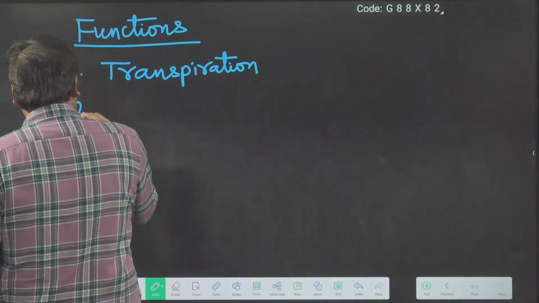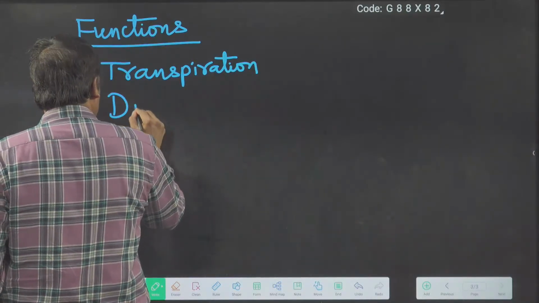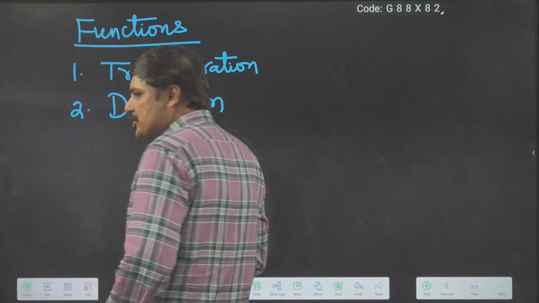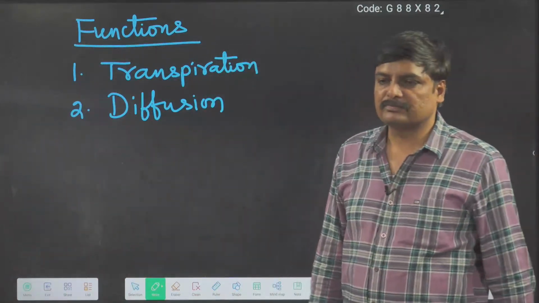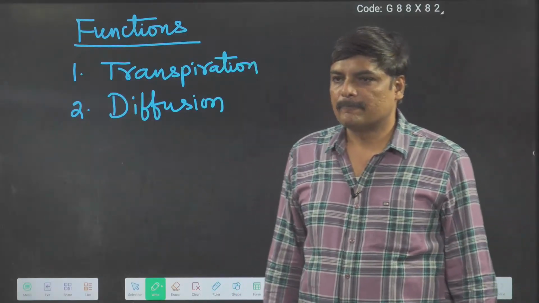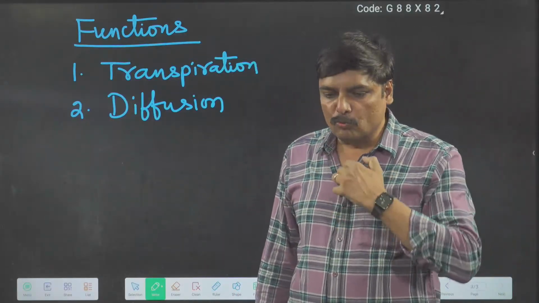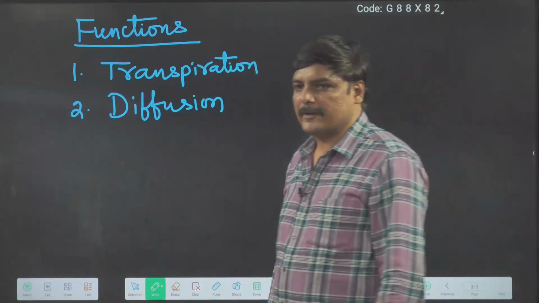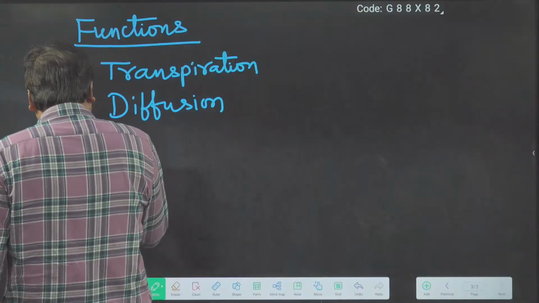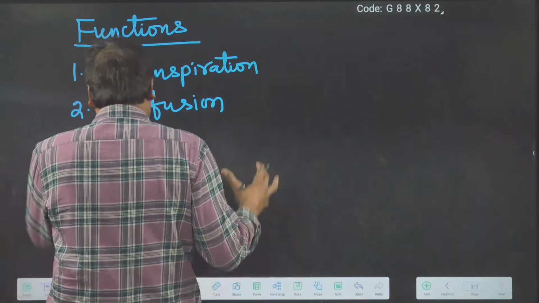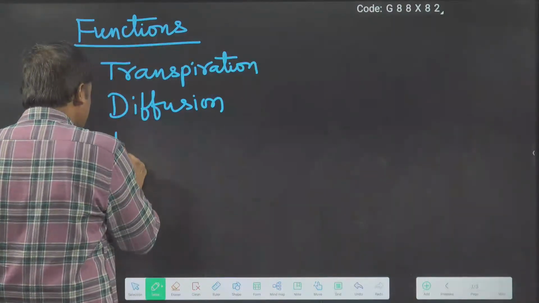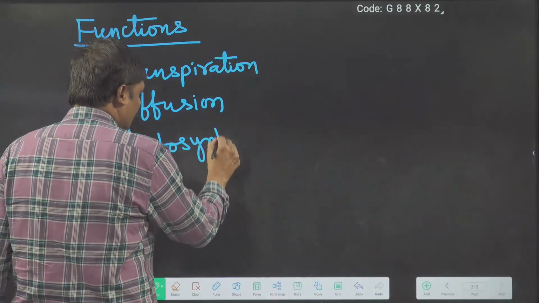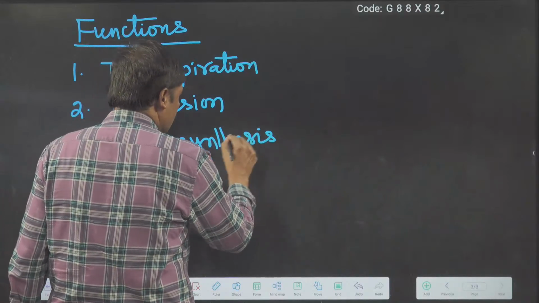Second one is diffusion. Diffusion of gases. Exchange of gases is another function. CO2 absorbed, O2 released, exchange of gases by a process called diffusion. Similarly, the major function of the leaf is photosynthesis.